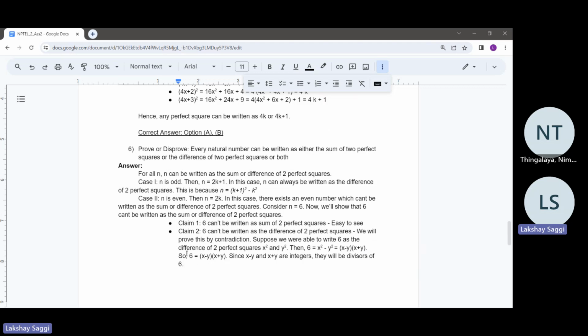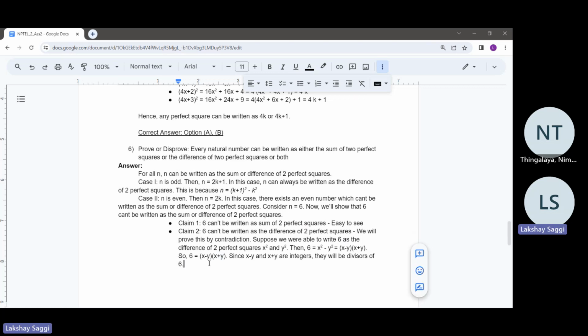Like, do you see? 6 is equal to x minus y times x plus y. So basically 6 upon x minus y will be equal to x plus y. So x plus y will actually be a divisor of 6. Similarly, x minus y will also be a divisor of 6.